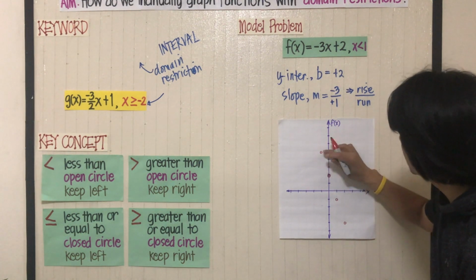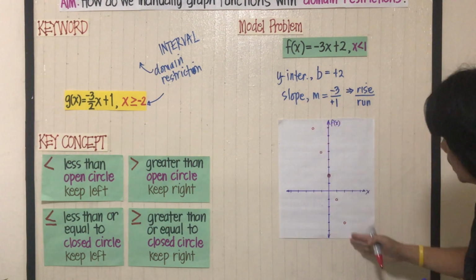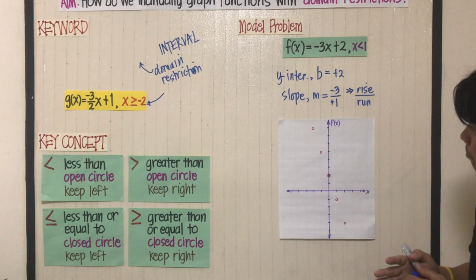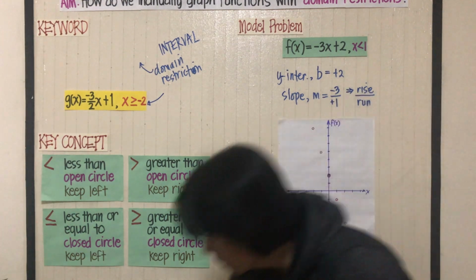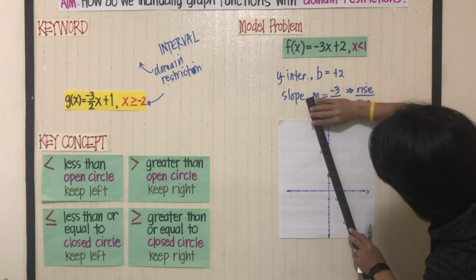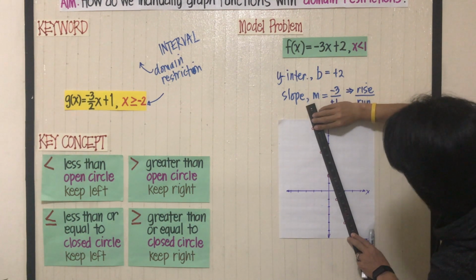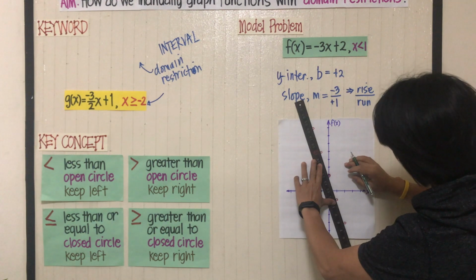Repeat the process. Now if you notice, I have a line of open circles. If we connect them, you will come up with a straight line. You've got to use a pencil for now.